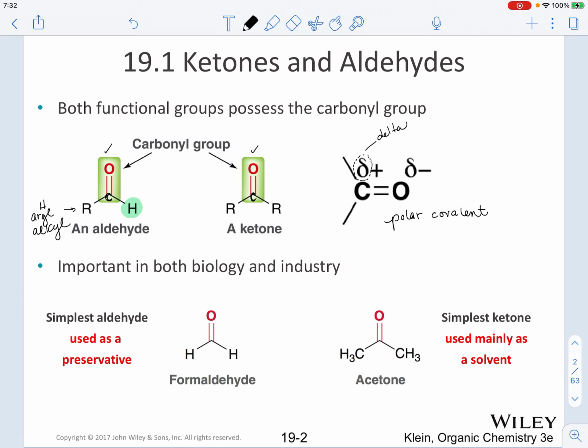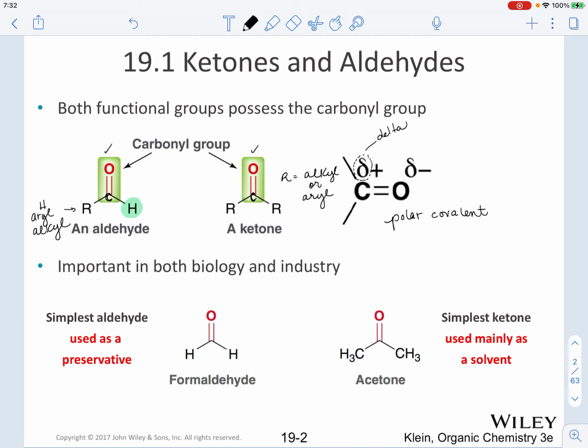When it comes to a ketone, understand that the two R groups that are bonded to the C double bond O must be alkyl or aryl in nature. Remember that aryl refers to an arene, in other words, a benzene ring.